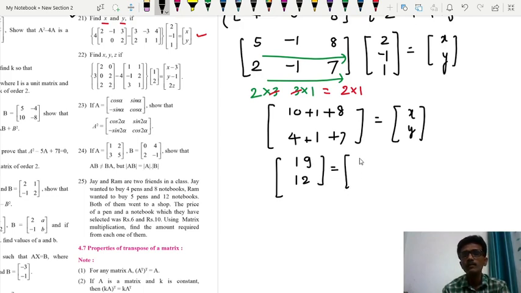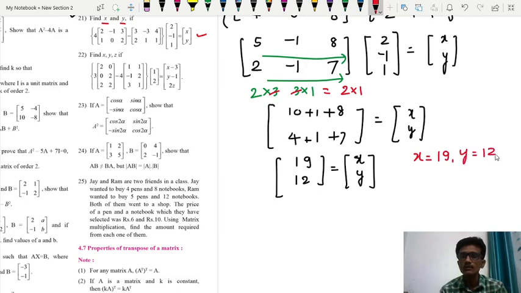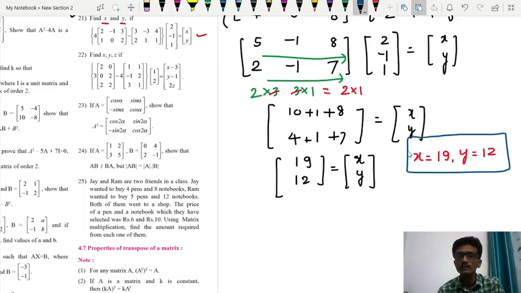So equality of matrices says that the order of both matrix should be equal and the corresponding elements must be same. इन दोनों का ऑर्डर सेम है एंड करस्पॉन्डिंग एलिमेंट्स मस्ट बी इक्वल. तो करस्पॉन्डिंग एलिमेंट मतलब x मस्ट बी इक्वल टू 19 और y मस्ट बी इक्वल टू 12. So this is your answer. So here the answer is this: x is 19 and y is 12.